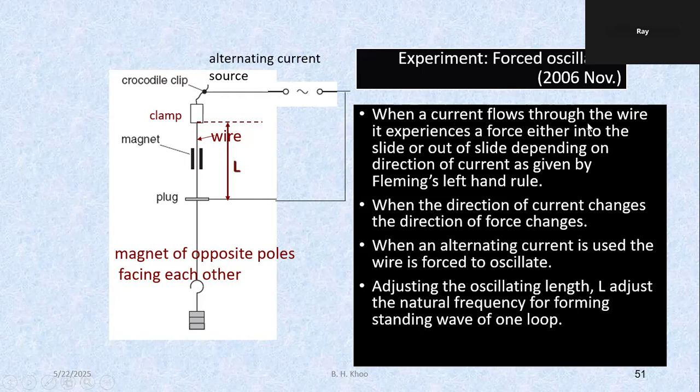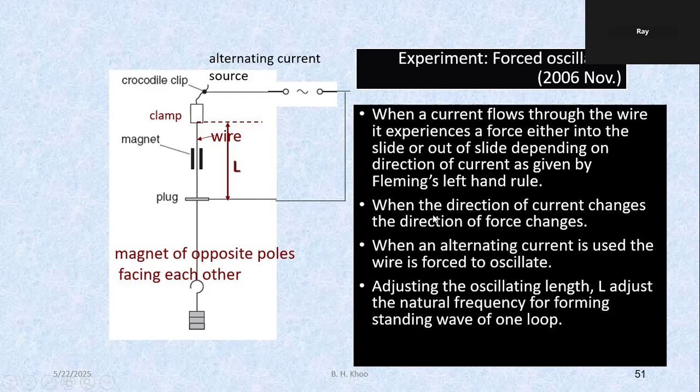When the current flows through the wire, it experiences a force either into the slide or out of the slide, depending on the direction of current flow, as given by Fleming's left-hand rule. When the current goes down, the force goes up, so that will cause the wire to vibrate.